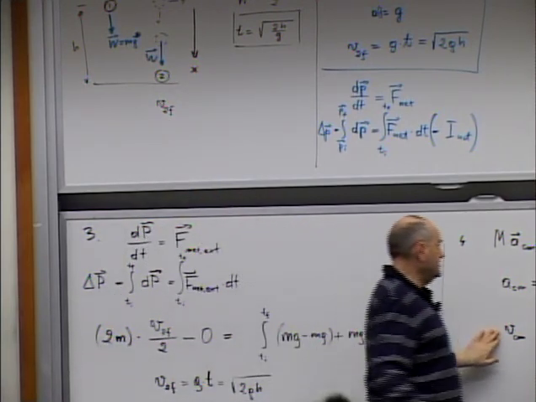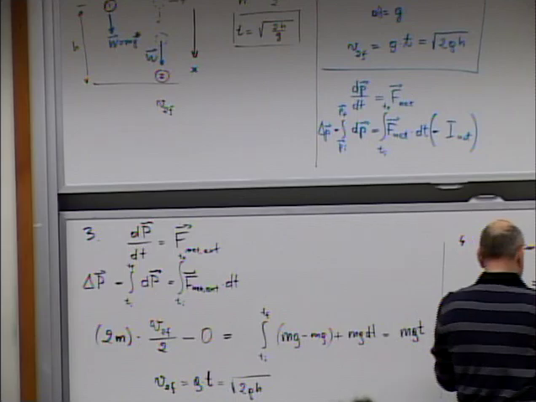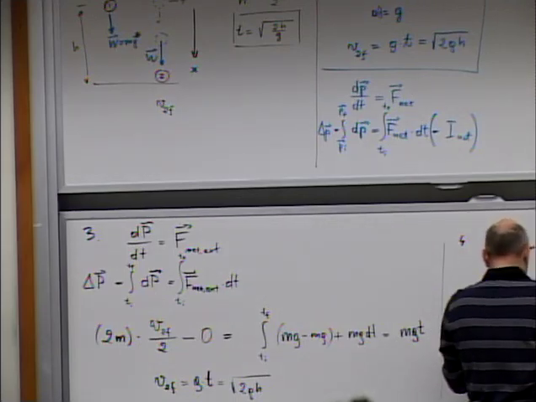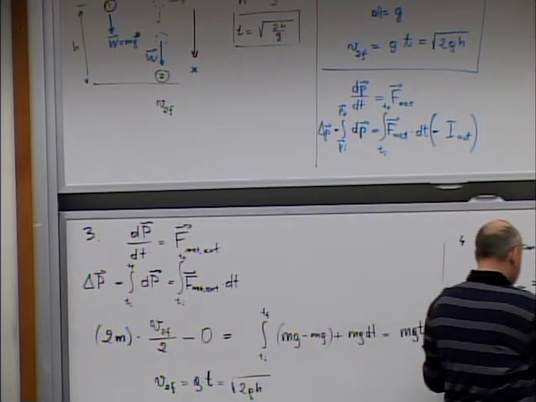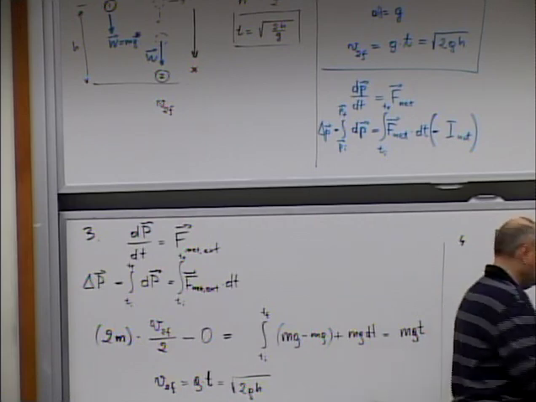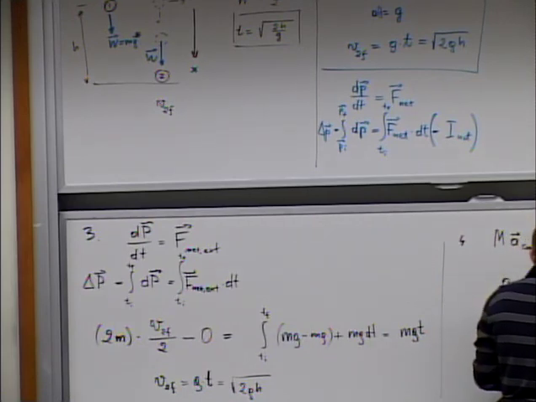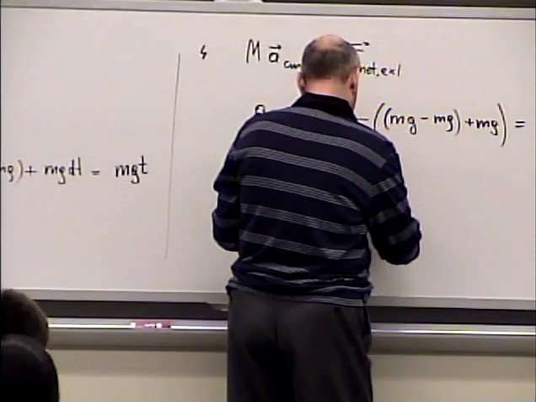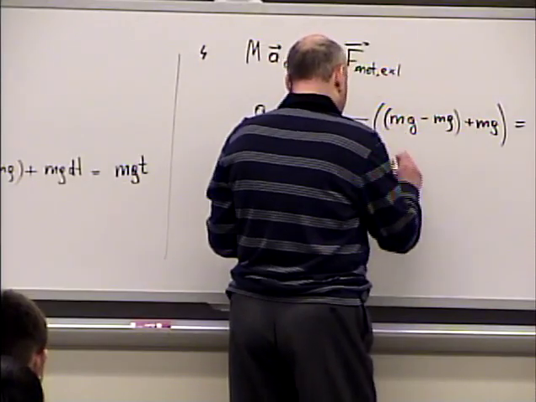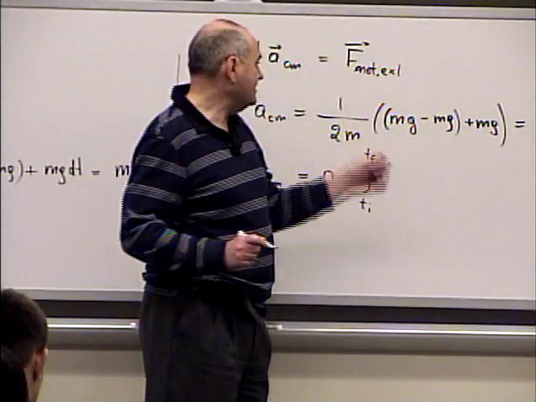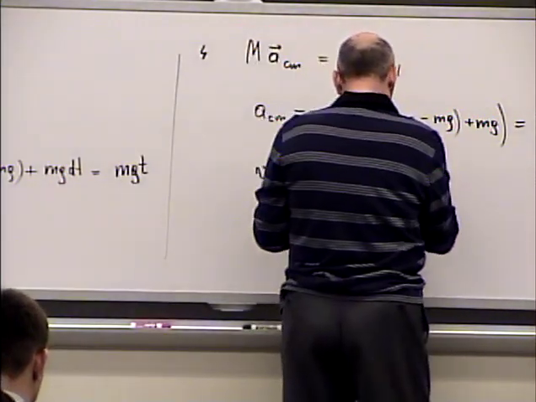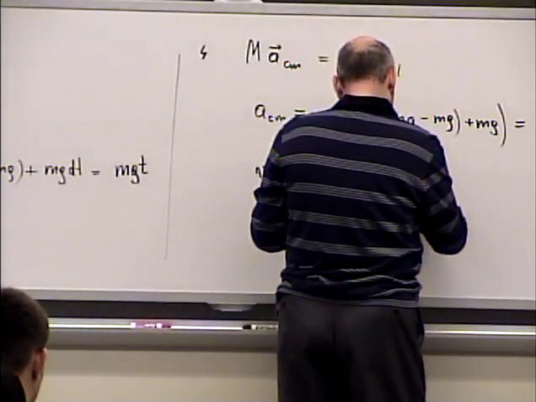So the speed of the center of mass, from this expression, is its initial speed, which was 0, plus the integral from t initial to t final of the acceleration. The acceleration happens to be g over 2 times dt.